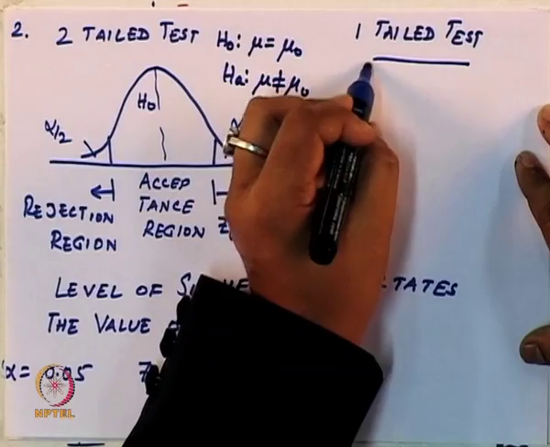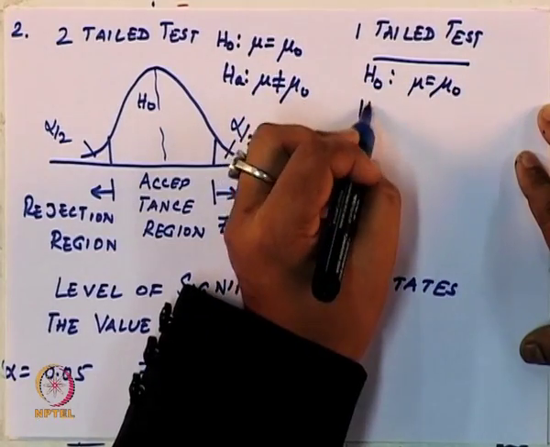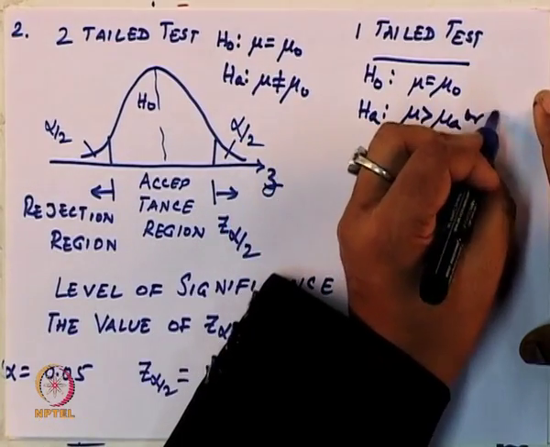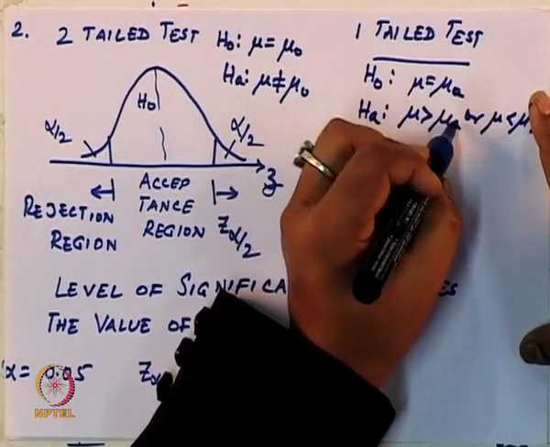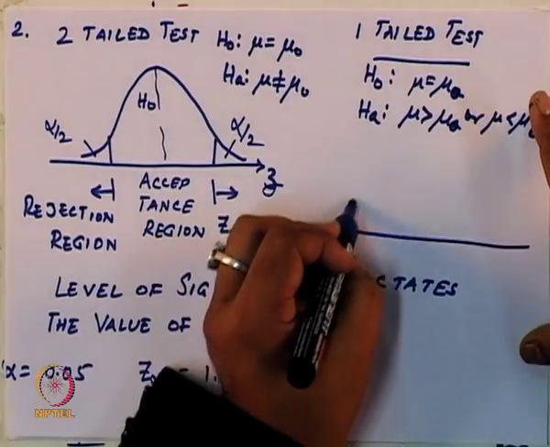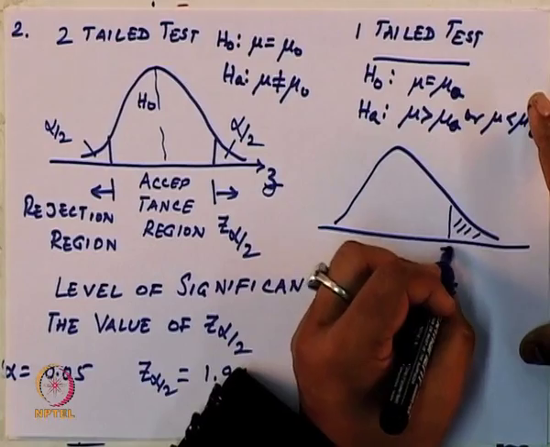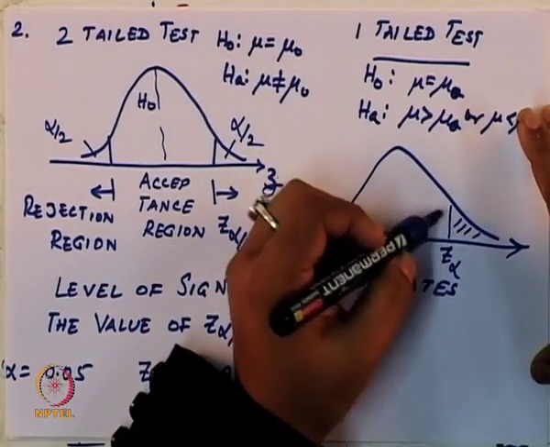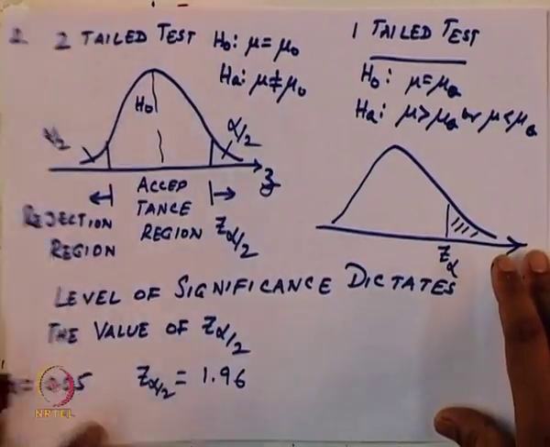For the one tailed, my H naught is mu equal to mu naught and HA is mu greater than mu naught or mu less than mu naught. And for the one tailed test, you are only concerned about this area. So, you call this z alpha, and depending on the value of alpha, you can accordingly change the value of z alpha.